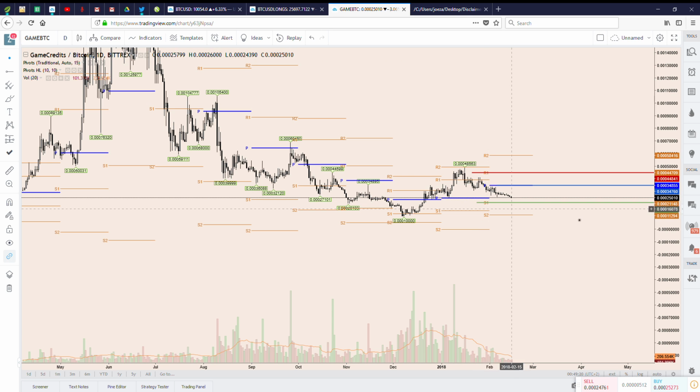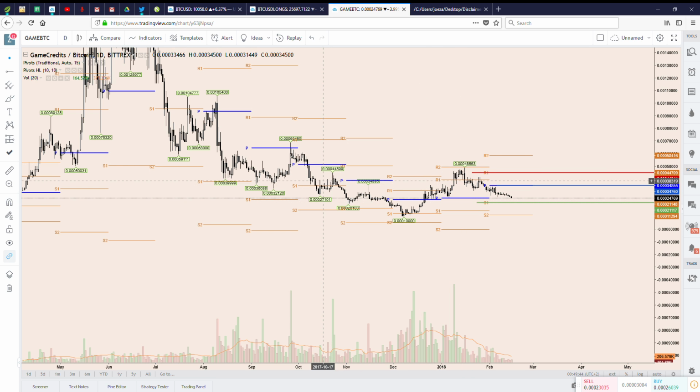Okay. So once I've got this set up, I kind of know the range that I'm trading in. And the way that it works is pivots, guys. Once price is trading below the pivot, it means that the momentum is pushing down. Once the price trades above the pivot, the momentum will then start pushing the price up.